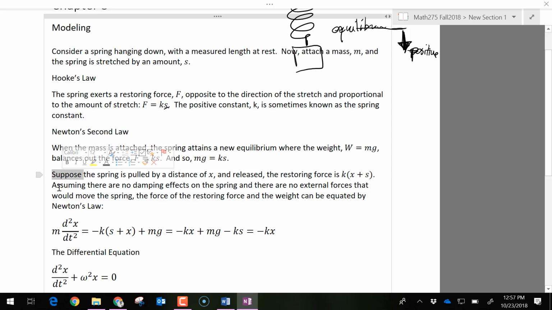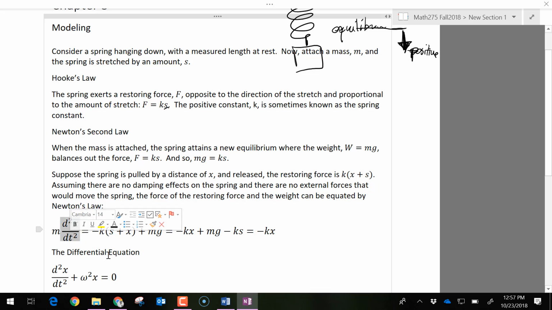And then here it says, suppose a spring is pulled by a distance of x and then released, its restoring force is going to be k times the distance that it was pulled, x, plus s. Assuming there's no damping effects on the spring, there's no external forces that would move the spring, the force can be equated by Newton's law.